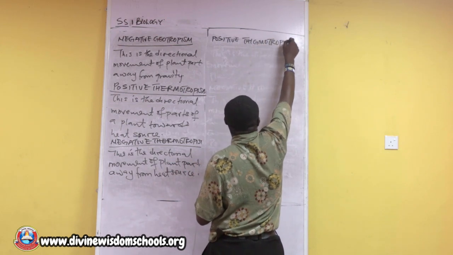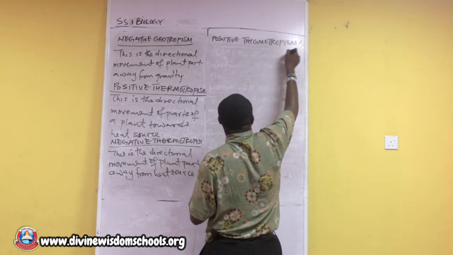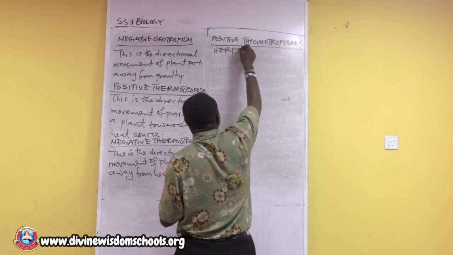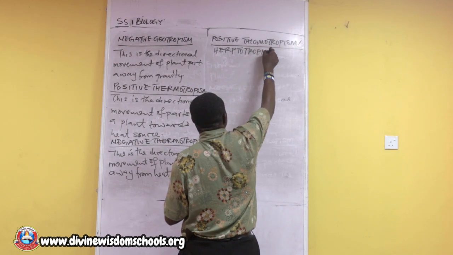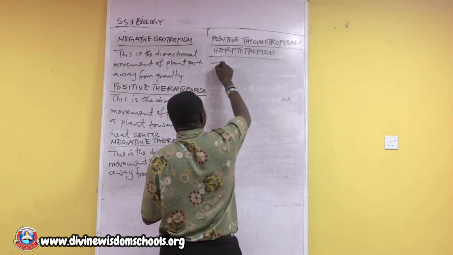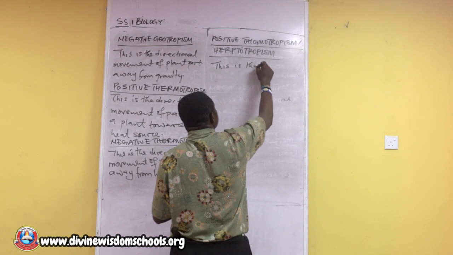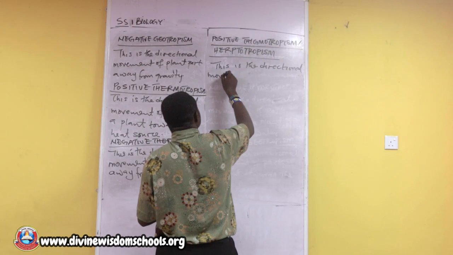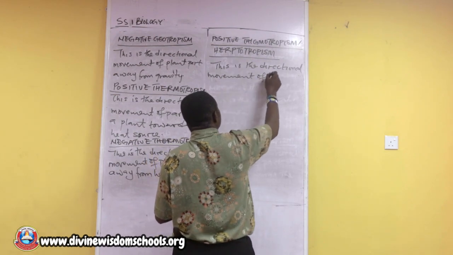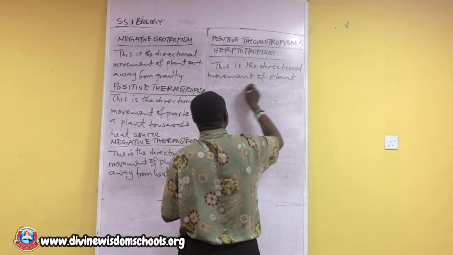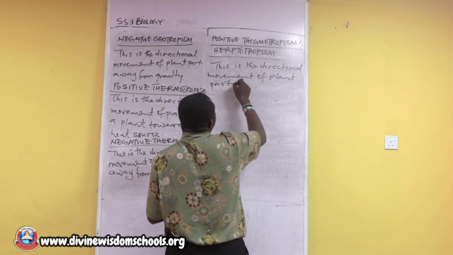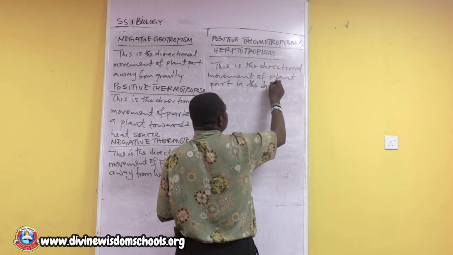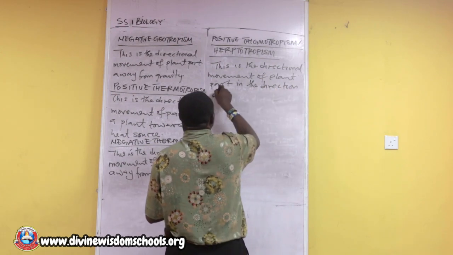Now, let's look at positive thigmotropism or aptotropism. This is the directional movement of plant parts in the direction of touch.